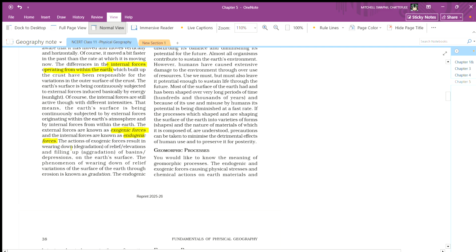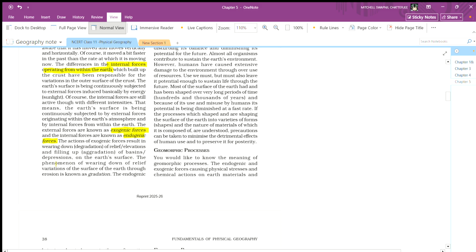The action of exogenic forces results in wearing down, degradation of relief, elevation, and filling up, that is, aggregation of basins or depressions on the Earth's surface.